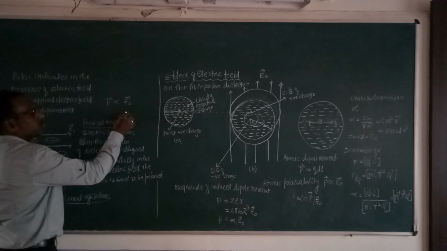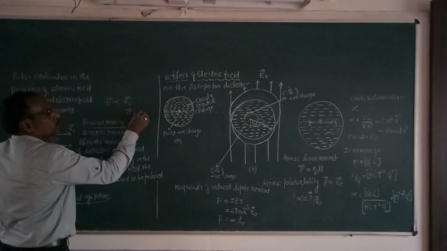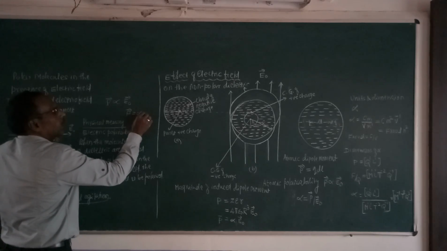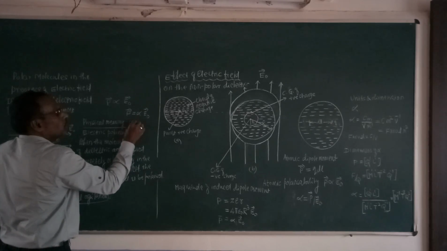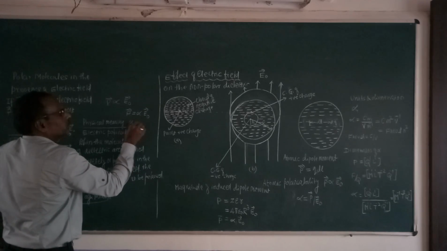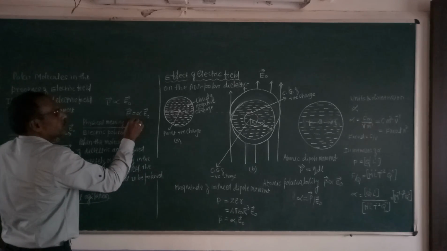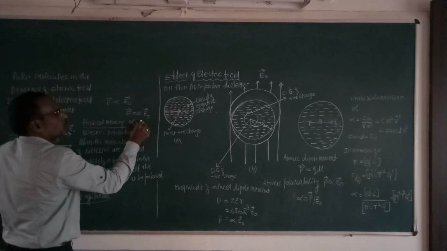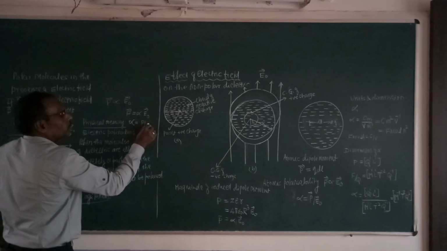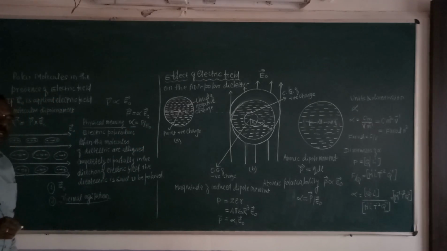When I write this as P equal to some constant of proportionality, alpha, not epsilon naught, alpha is equal to P by E0. And this is known as atomic polarization or atomic polarizability.